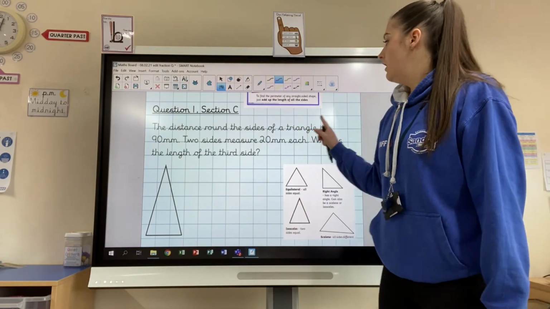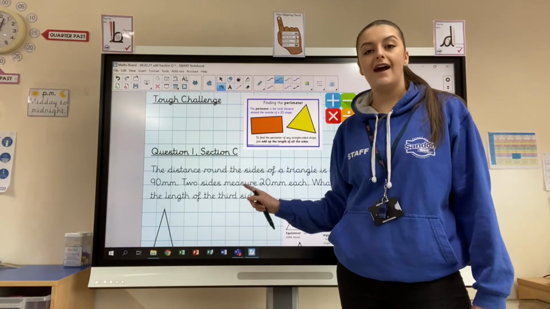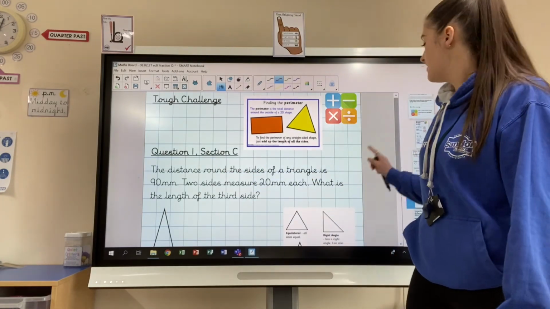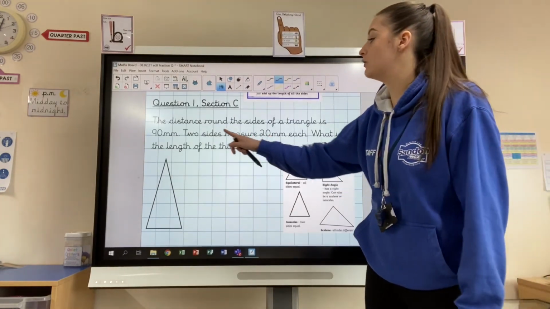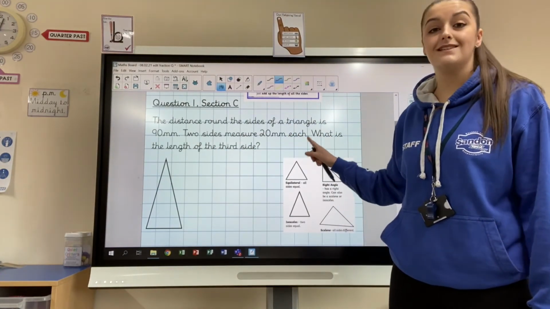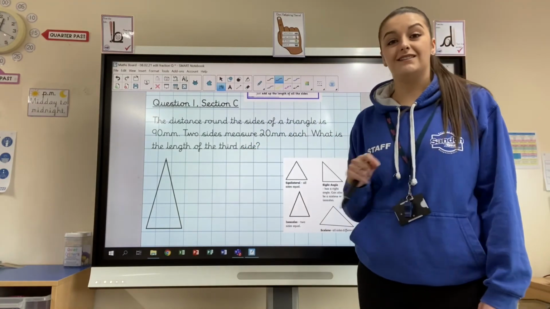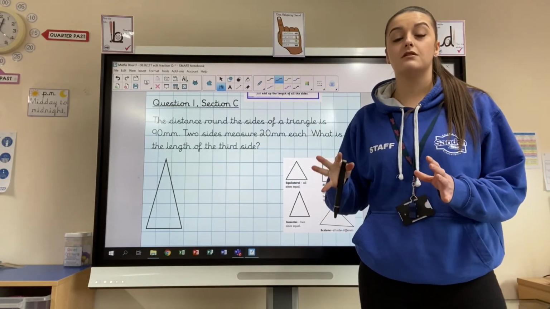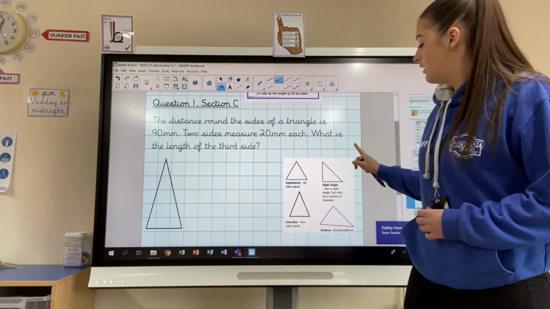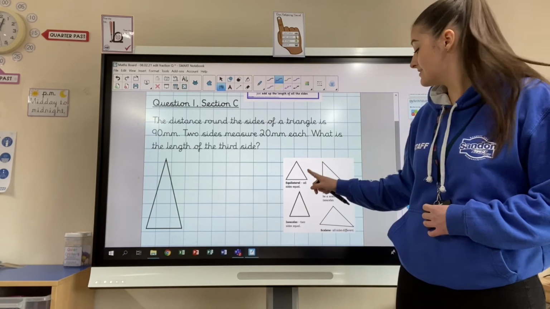Now, we know a perimeter, we did it the other day, was the distance round a 2D shape. Now this has told me for my triangle, two of the sides measure 20 millimetres each, okay? But the third side is going to measure a different size because it's not going to be an equilateral triangle where all our sides measure the same.